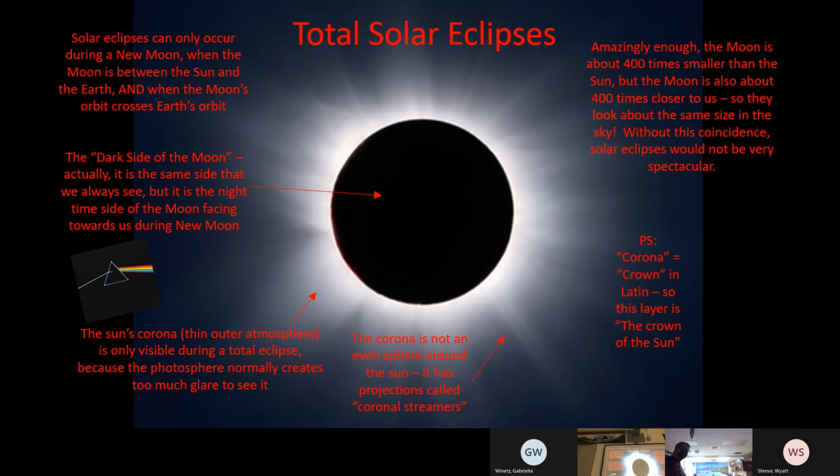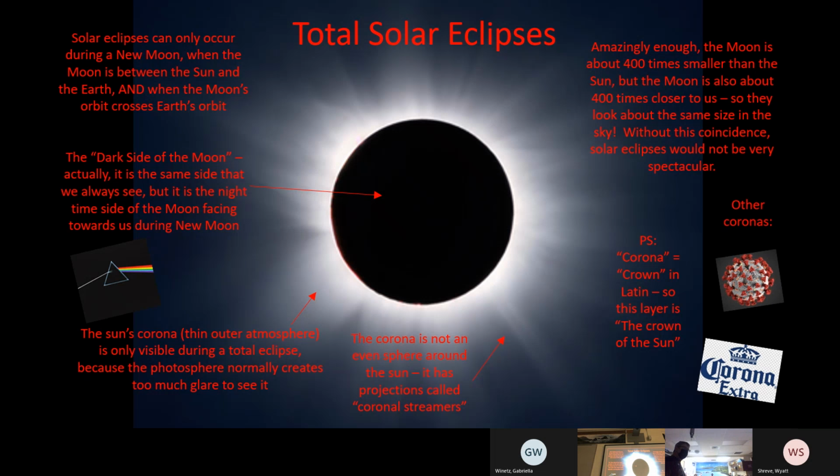Oh, and of course, let's talk about this word corona because we've been hearing it in terms of a virus so much, huh? In Latin, corona means crown. And so the corona is considered the crown of the sun. And you might have seen some other coronas around, right? Notice the Corona beer has what symbol? Right? And the coronavirus has a crown of little proteins projecting from its surface.